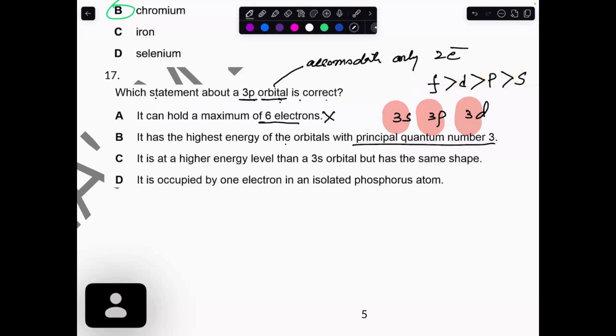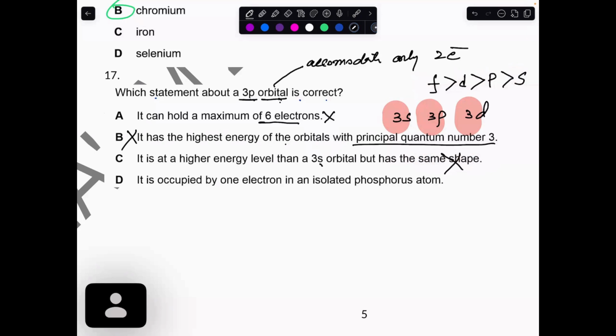So highest energy, no, it's incorrect. It has higher energy than 3s? Yes, 3p has higher energy than 3s, but same shape? Not at all.